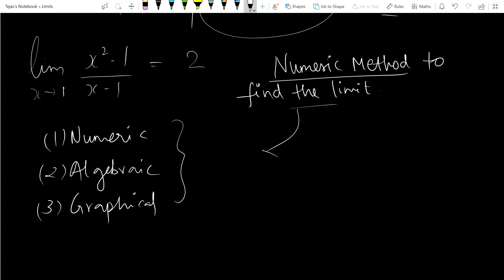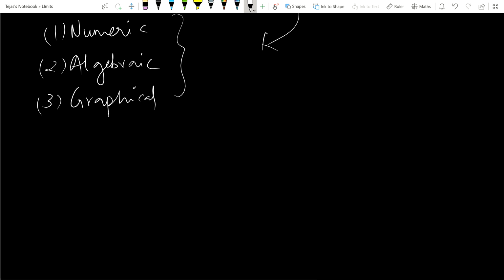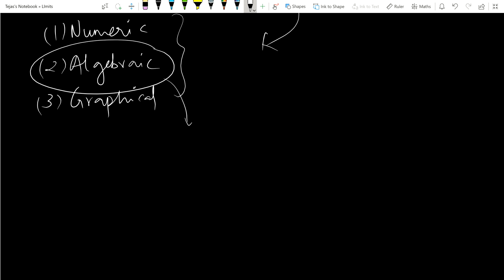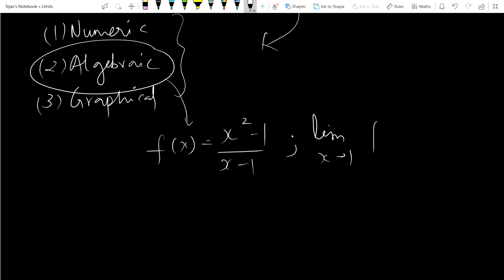Alright, so now we'll look at the same example and see how we can find the limit using the algebraic method. So, algebraic method, x squared minus 1 upon x minus 1, and basically the question was limit x tends to 1 of f of x.